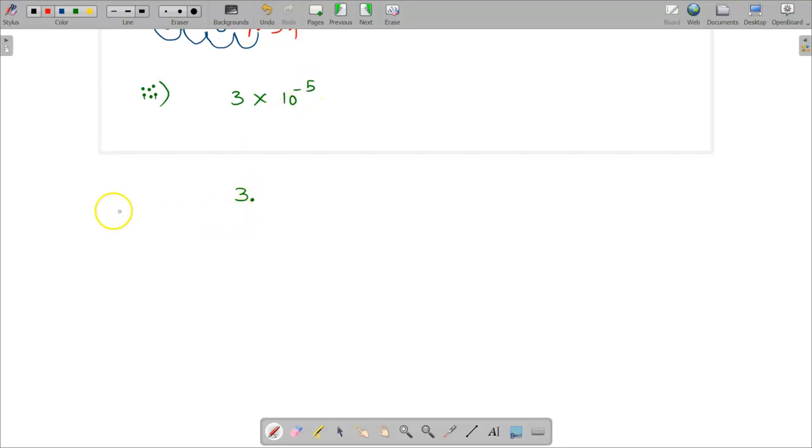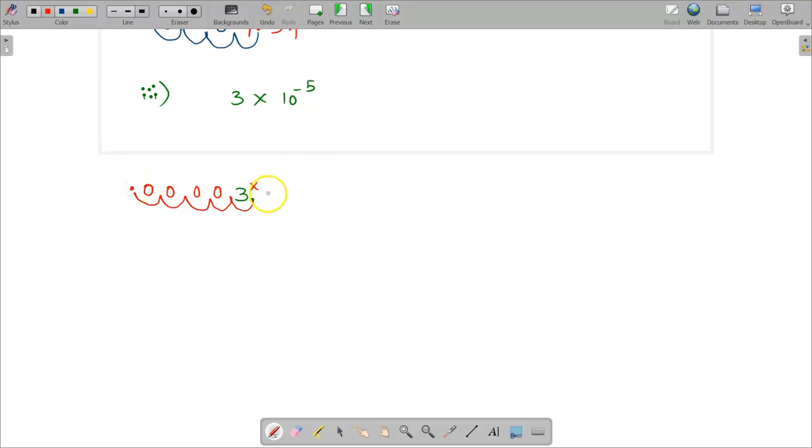When we move, first time it will come here, and then second time, third time, fourth time, and then fifth time. In between we need to introduce zeros: here 1 zero, here 1 zero, here 1 zero, here 1 zero. This decimal point will be discarded and then it will come here.